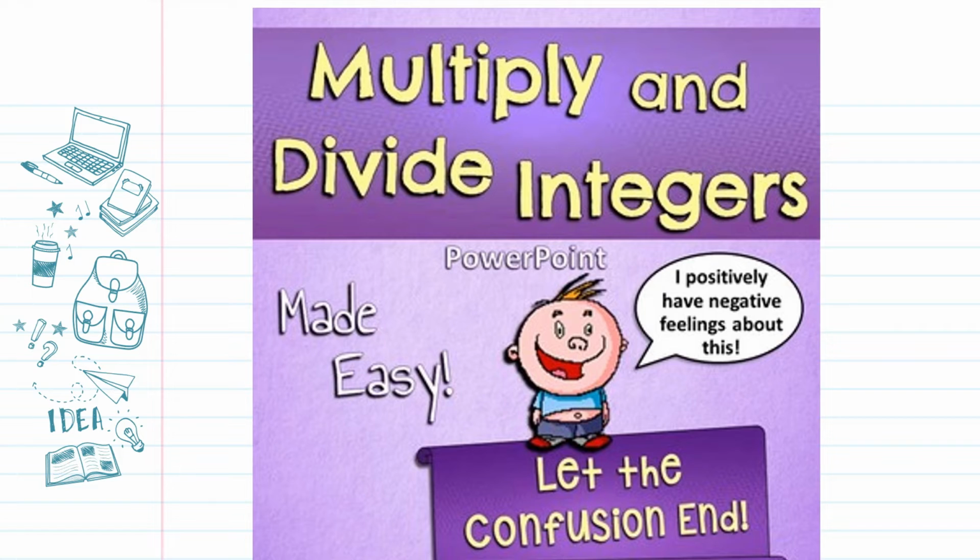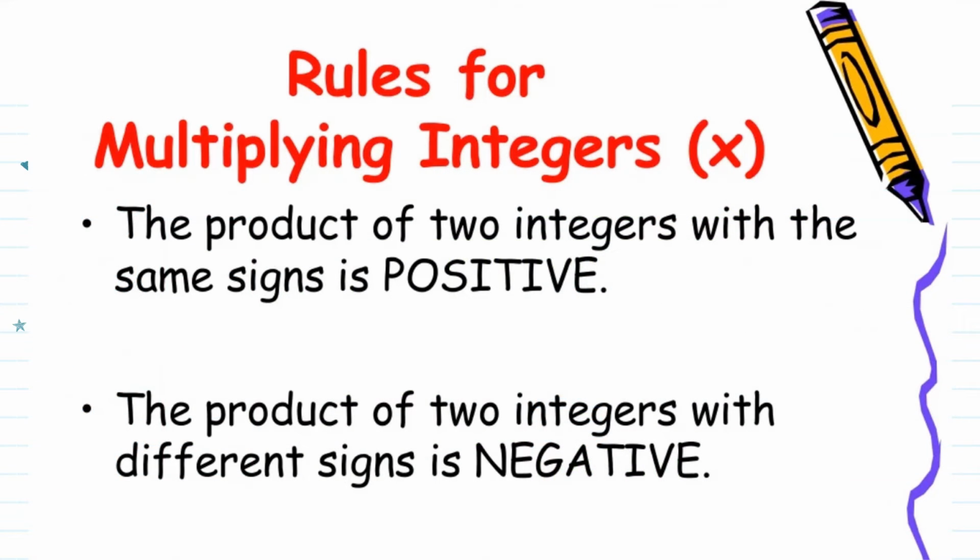Next is multiply and divide integers. Rules for multiplying integers. The product or answer of two integers with the same signs is positive. So that means that if we are going to multiply both positive, the answer will be positive. And if we multiply both negative, the answer will also be positive.